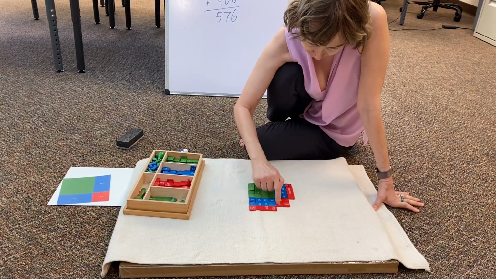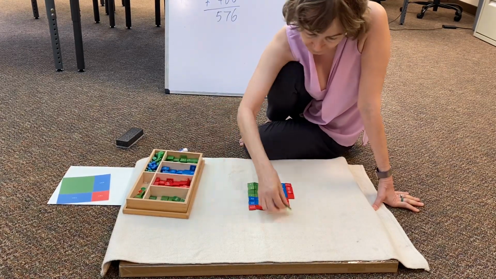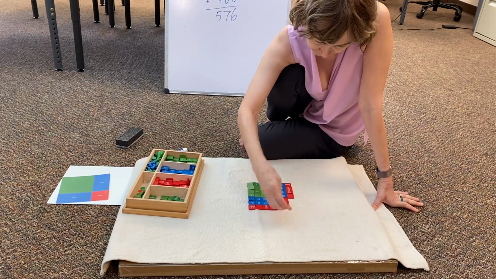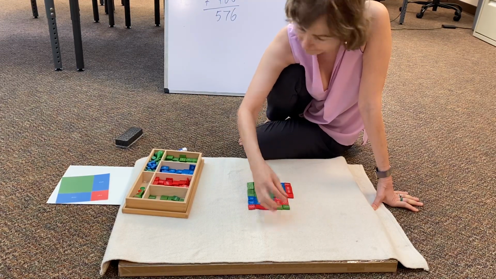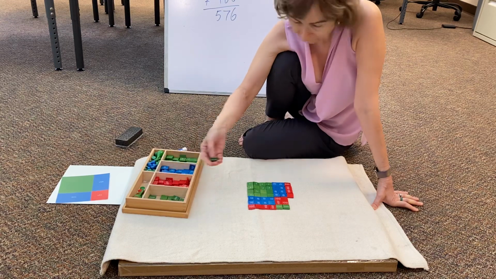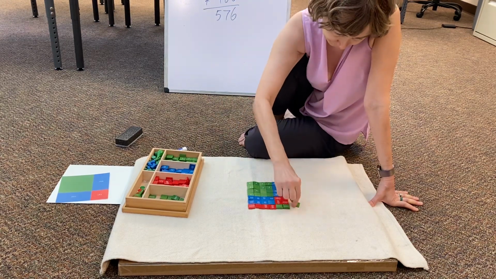Okay, well, 100 times 100 is 1,000. This is going to be a much larger number because we are going with a trinomial.